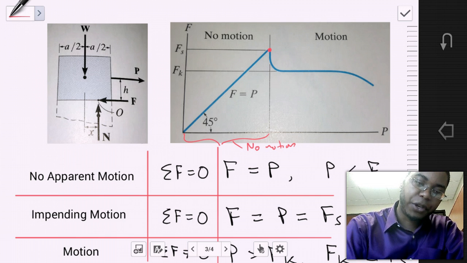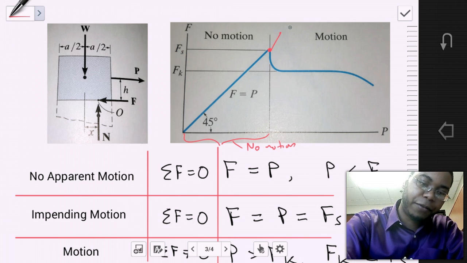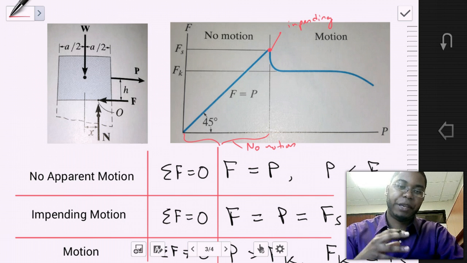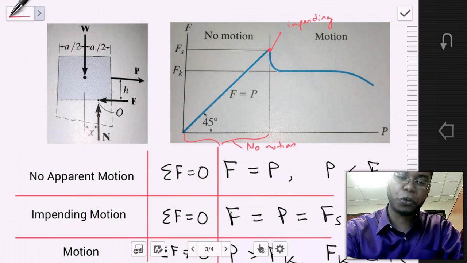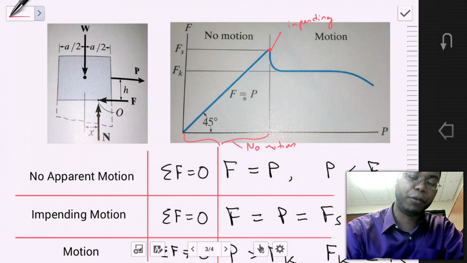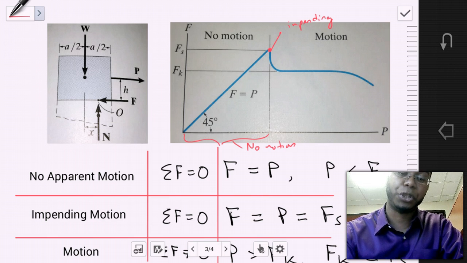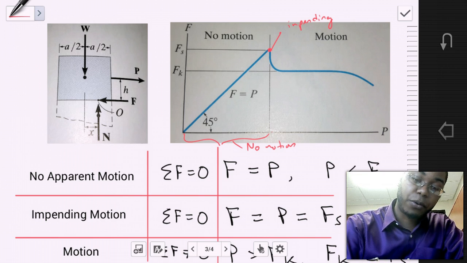At the peak, where the limiting static frictional force is reached, we have impending motion, where if the force P exceeds the value of the frictional force, then we move into motion. And beyond that, when the value of P is greater than the frictional force, we have motion.